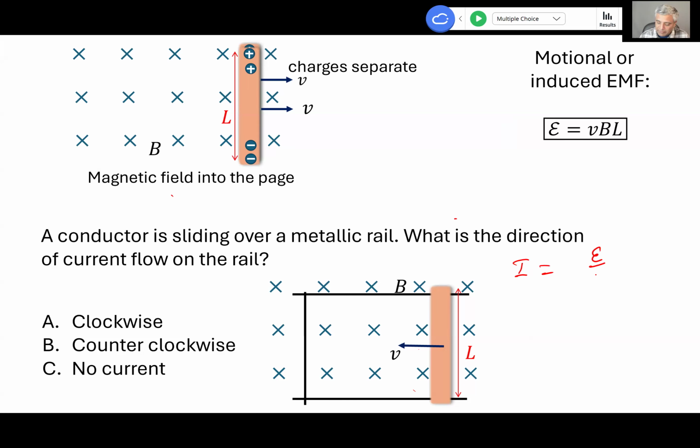Current is EMF over R. So if this has a resistance R, then this is going to be VBL over R. So that's how we can find the value and direction of current.